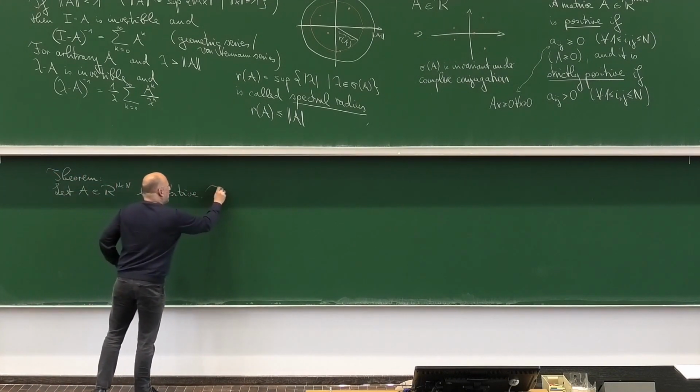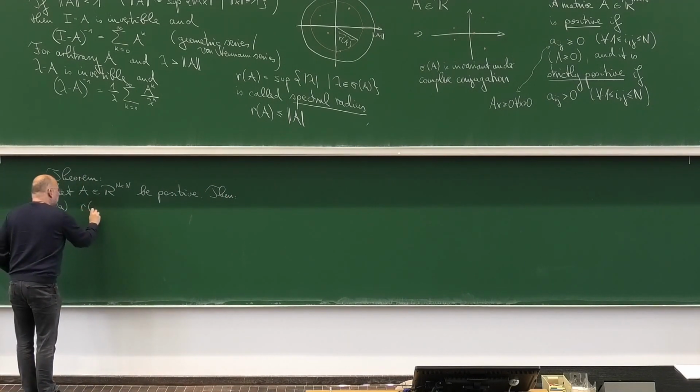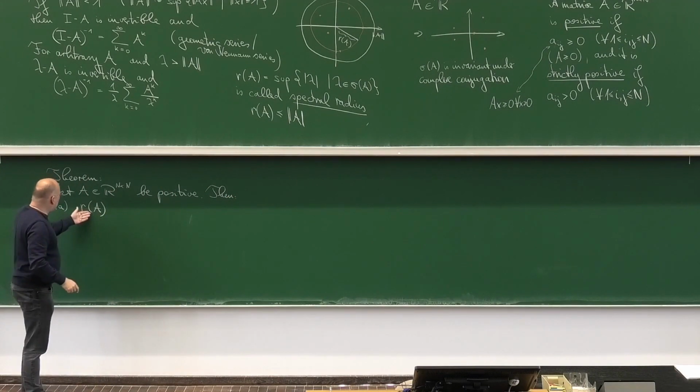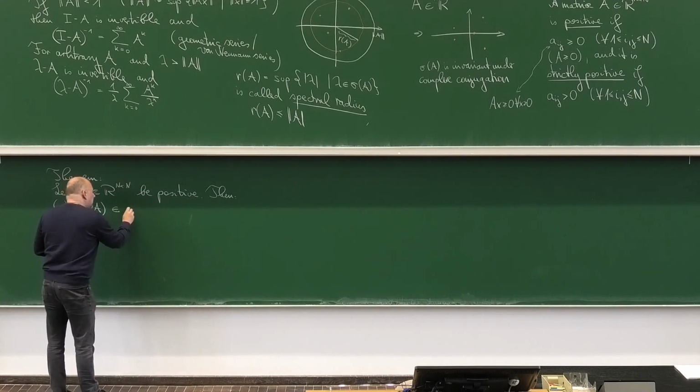Then we have the following statements. A, the spectral radius, which is just a positive real number, this real number is actually an eigenvalue.